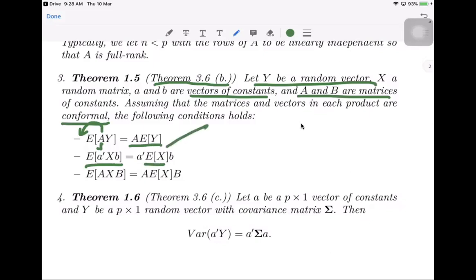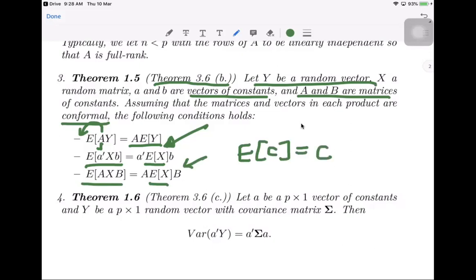So what you will get is just the expectation of your random matrix. And if you have this, still, the expectation of AXB is just A times the expectation of X times B. So the expectation of a constant is just equal to the constant, no?